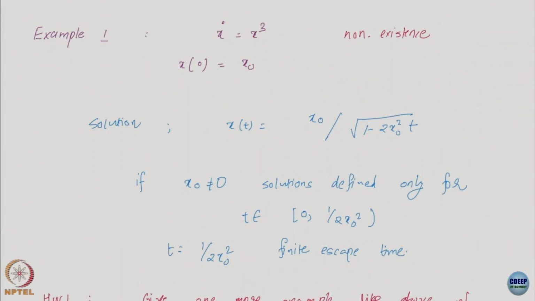But beyond this also funny things happen. It's not a one point escape time. It's not like only at t equal to 1 over 2x0 squared I have a problem. Beyond 1 over 2x0 squared this is negative, so it's imaginary, so there is no solution. So this is an example of non-existence of solution.